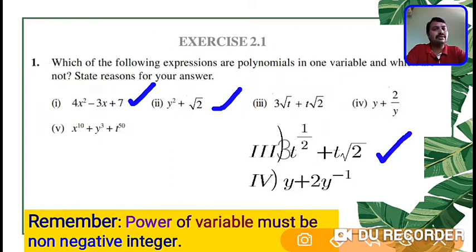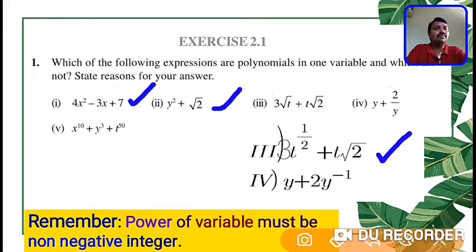But see, in third part, here I have written the solution of this, 3 square root of t plus t under root 2. So square root of t means t raised to power 1 upon 2 plus t under root 2. If the power of variable is rational number, that is the reason that 3 square root of t is not a polynomial.